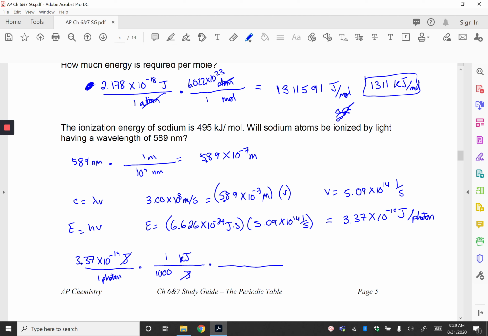So I need my photons to cancel, so I'll put photons here, mole here. 1 mole of anything is 6.022 times 10 to the 23rd particles, whether they're photons or atoms or eggs or whatever, right? So that cancels. I end up with kilojoules per mole. I'm going to go ahead and calculate that.